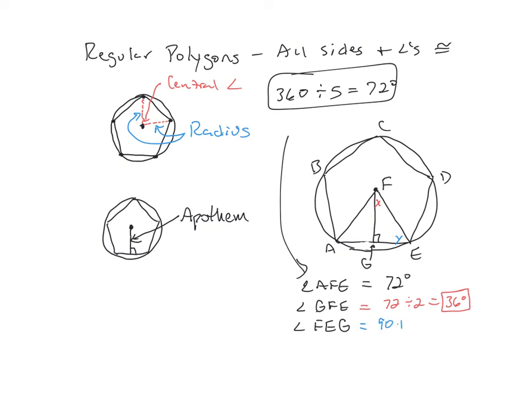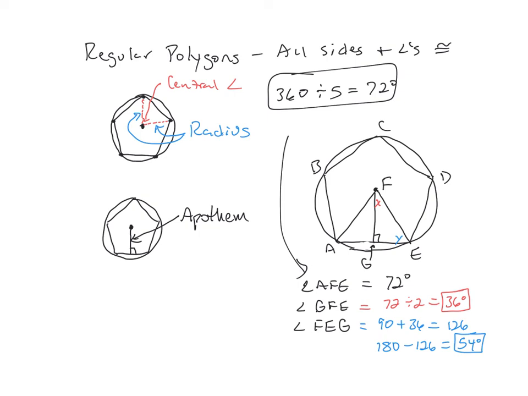So I would just do 90 plus 36 is 126. And then subtract from 180 because it's a triangle. So that's going to give me 54 degrees. Okay.